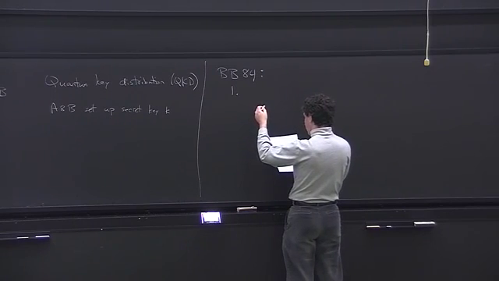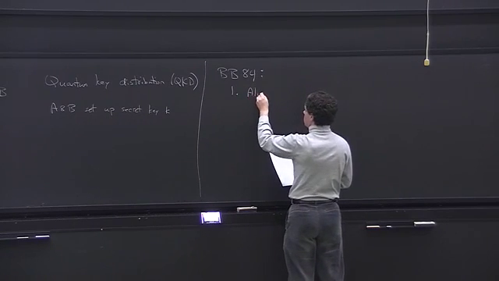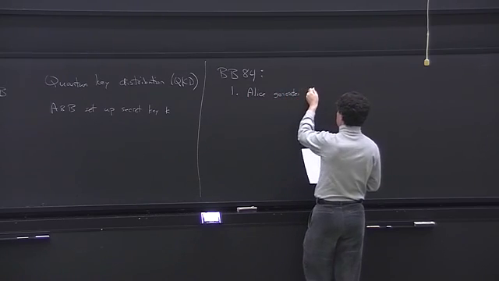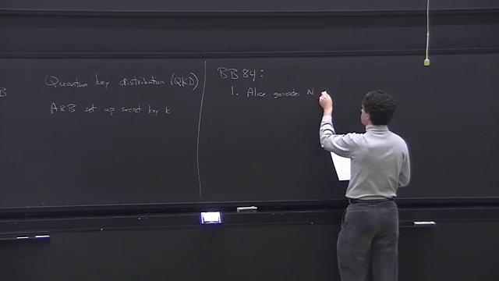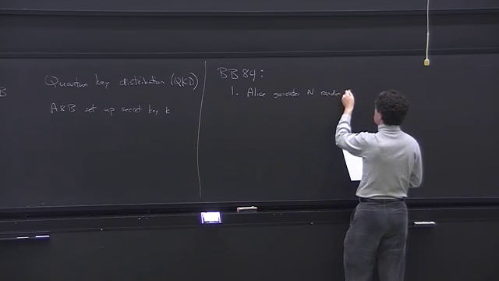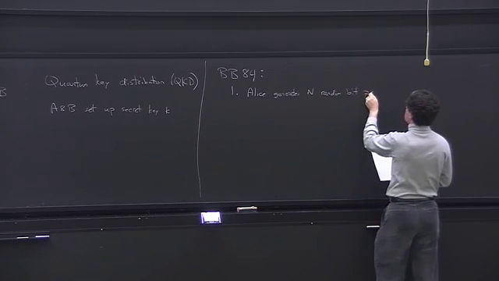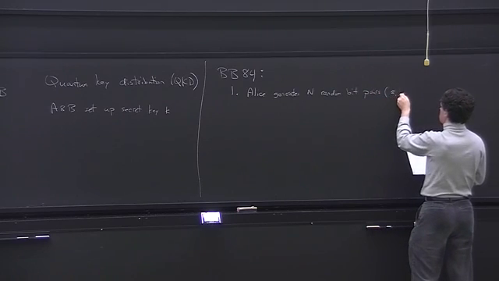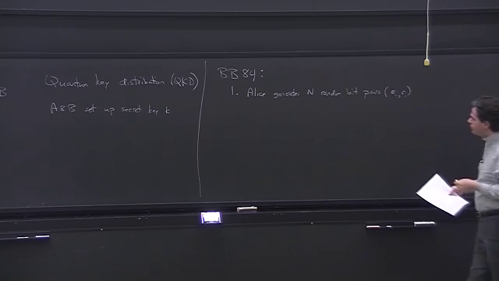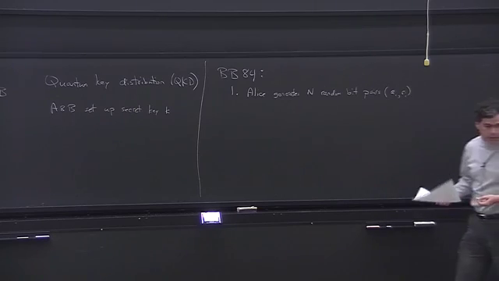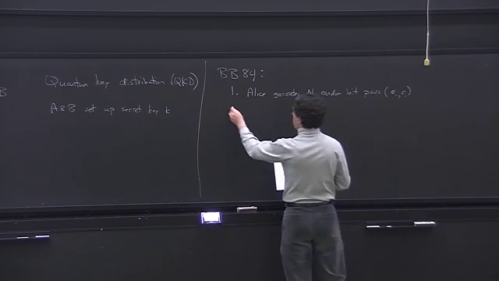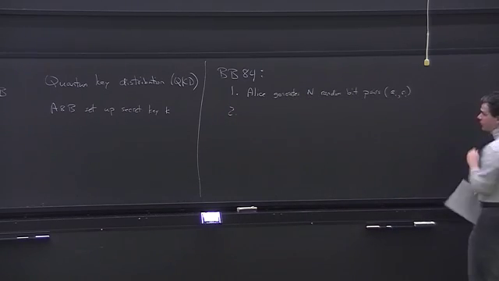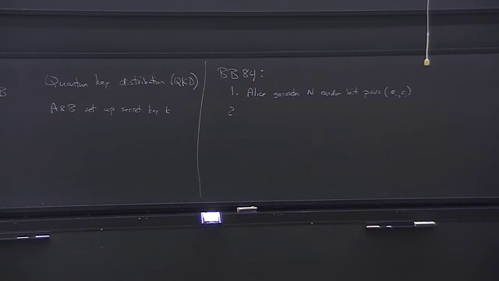The first step is Alice generates a number of random bits. Okay, so that's not hard. And each of these bit pairs is going to specify a qubit value.